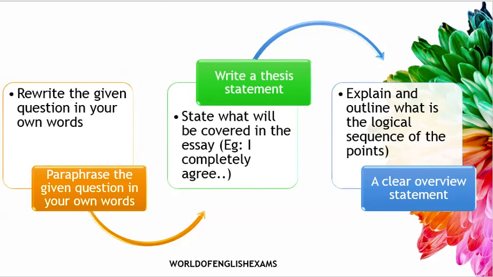I completely agree or I completely disagree, depending on that. And here you're also going to explain what are the reasons that made you agree or disagree with the given question. So the more clear your explanation is, the more clear your points are, the better you score.